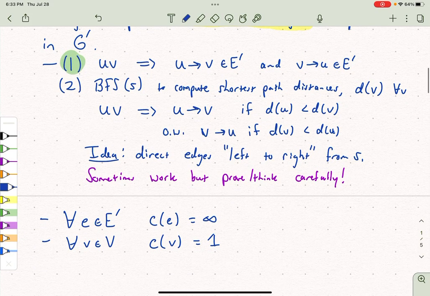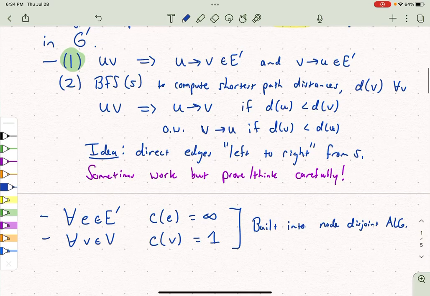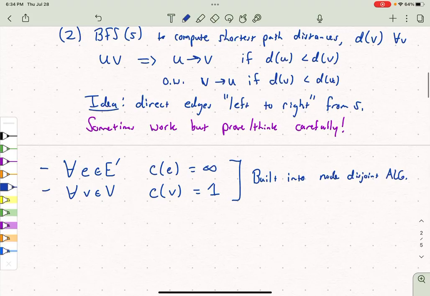So really, these parts could even be built into the node-disjoint algorithm, but just to be precise, I'm spelling out exactly what the graph's going to look like. So really, we could have just made G prime from step 1, where we direct everything, and then we're pretty much done. But internally, that's what's going to be happening.